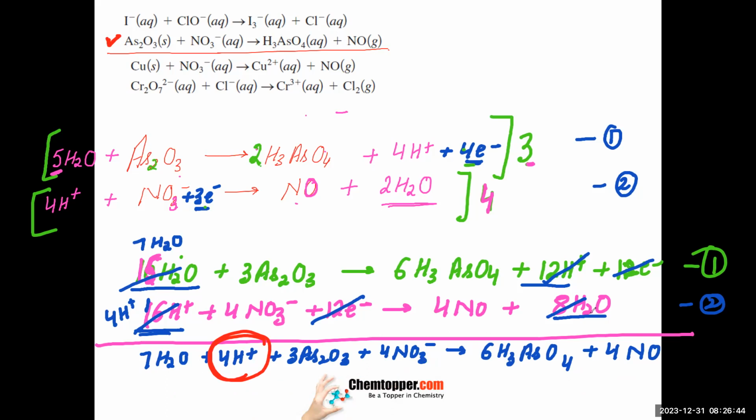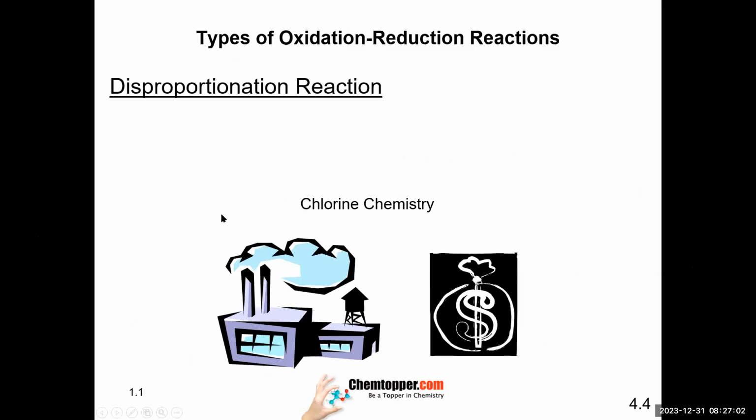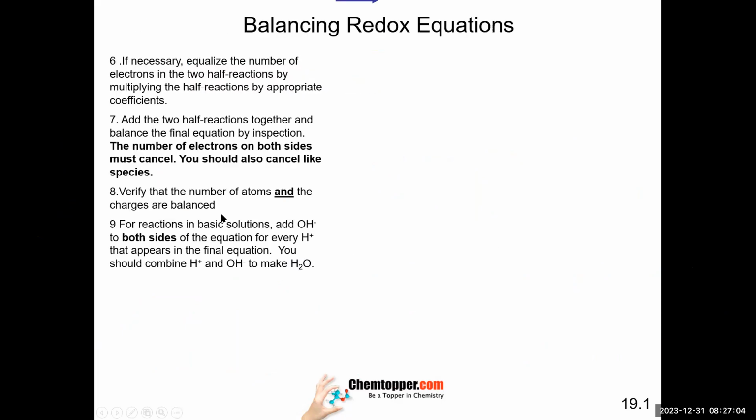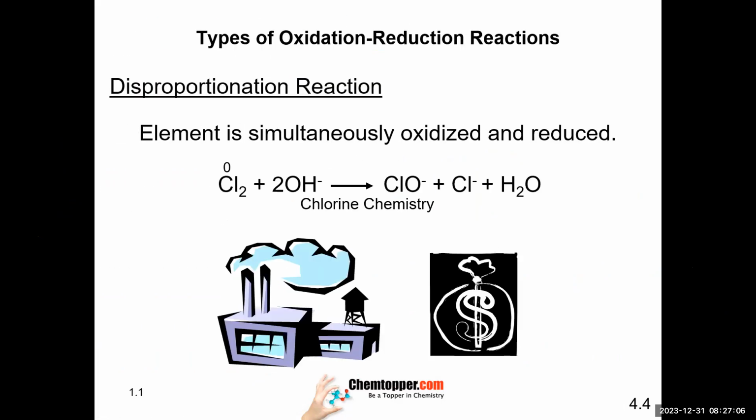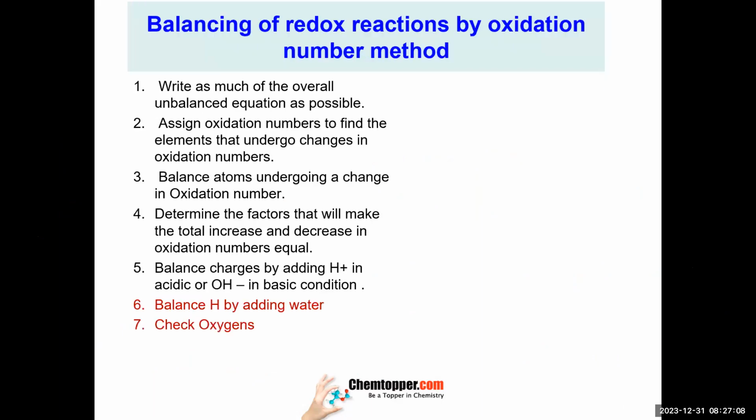Okay, so do we have time for the next method? No, we don't have time for the next method, but I would like to show you the important steps of the next method. It's called the oxidation number method.